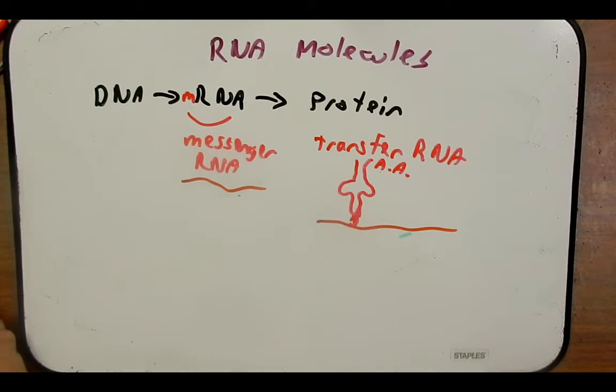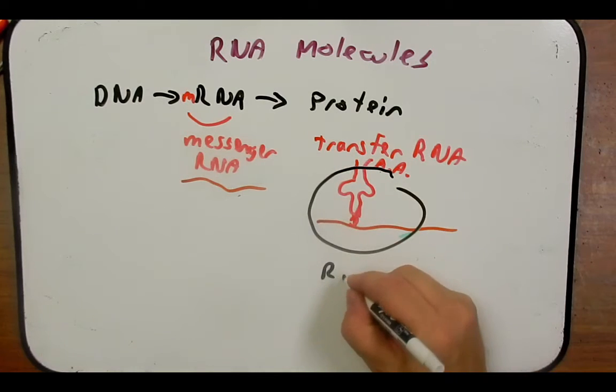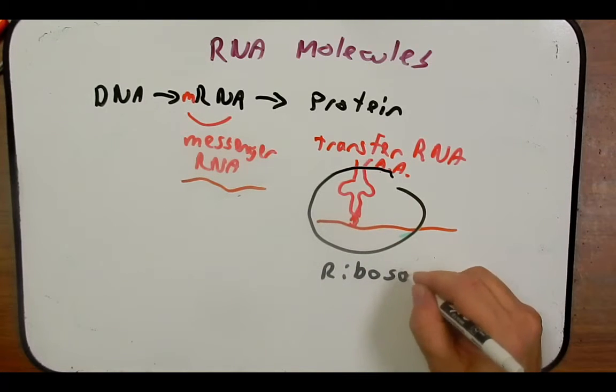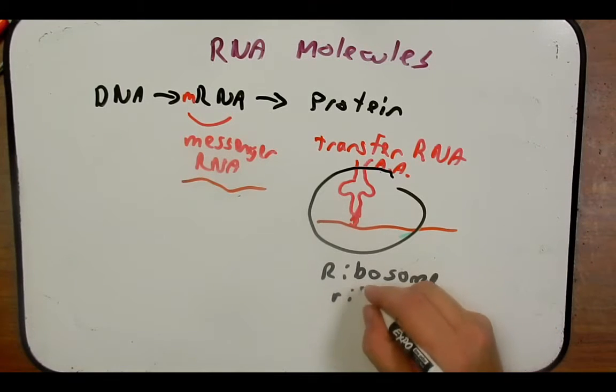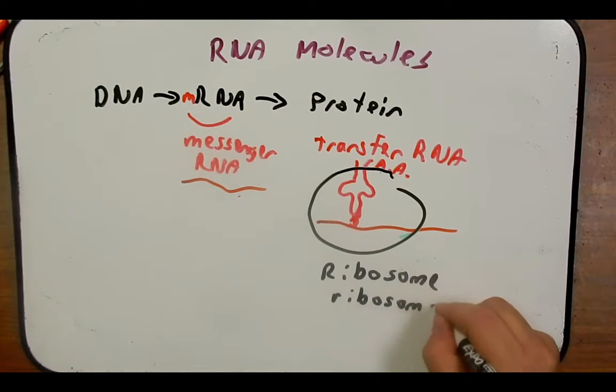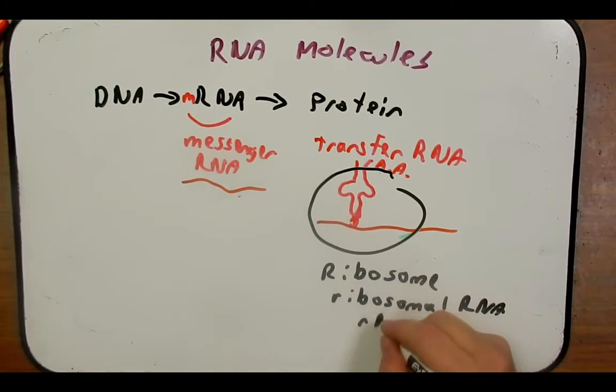And this all happens within the confines of the ribosome. And to remind you, a large part of the ribosome is made up of ribosomal RNA, or what you might remember as simply rRNA.